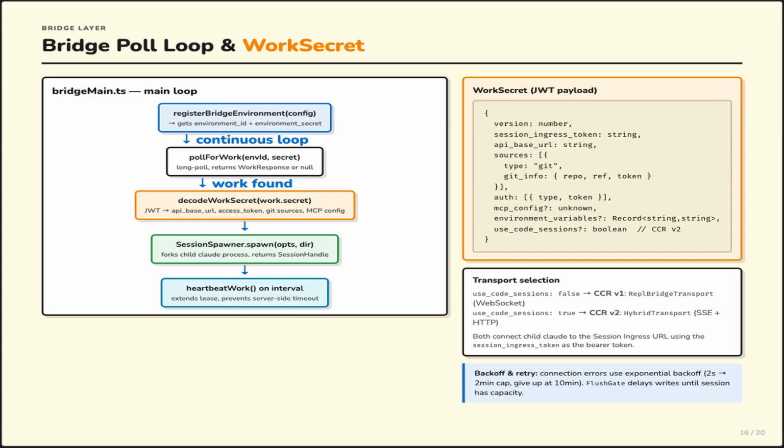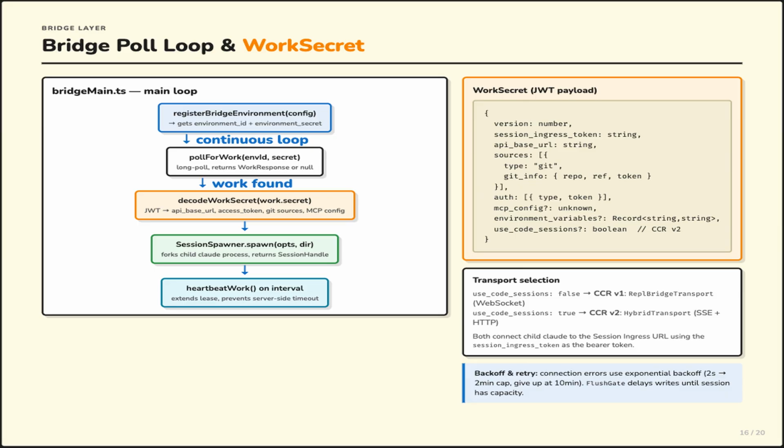Let's step through the bridge main loop. First, register bridge environment to get an environment ID and secret. Then enter a continuous poll loop calling poll for work. When a work response arrives, decode the work secret JWT, which contains API base URLs, access tokens, Git source info, and MCP config.